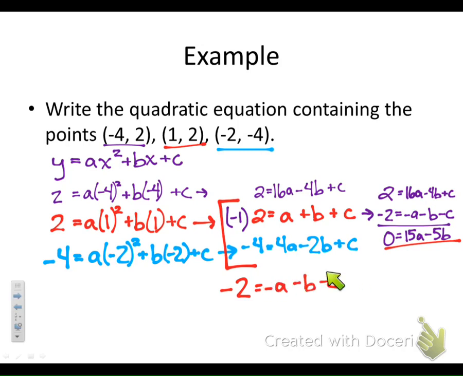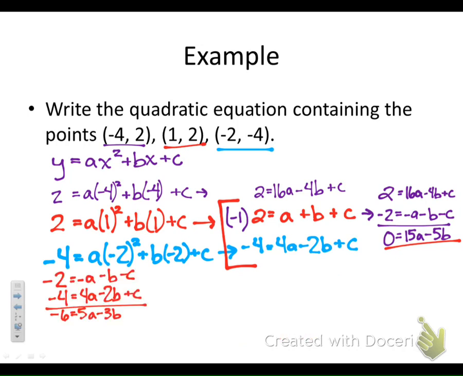And that bottom equation, let's eliminate C again. We get a new equation: -6 equals 5a minus 3b. After moving it, the 5 was a misprint, it should be a 3.